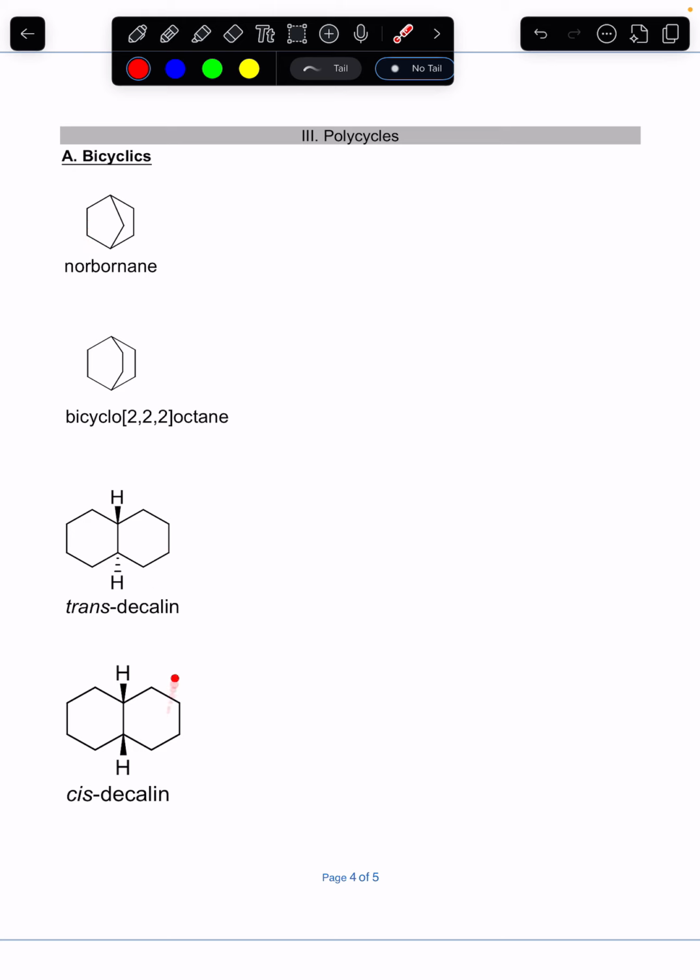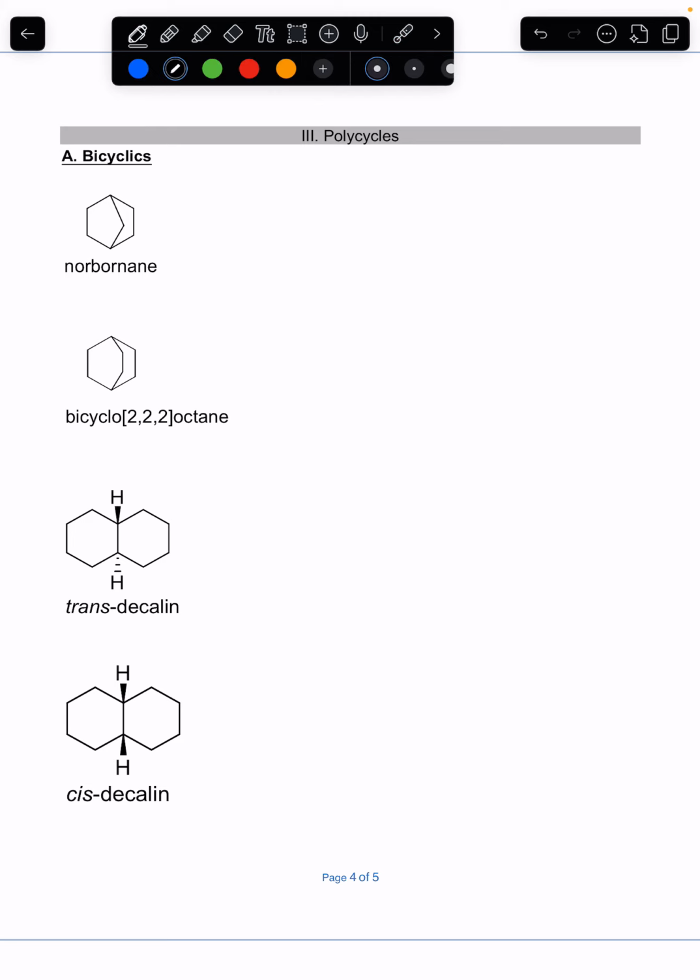The last one could have 2 different versions of it. And so let's just go over those. The main thing I want you to get out of this is that you can understand what these flat structures that we draw on paper look like in real life in 3D.